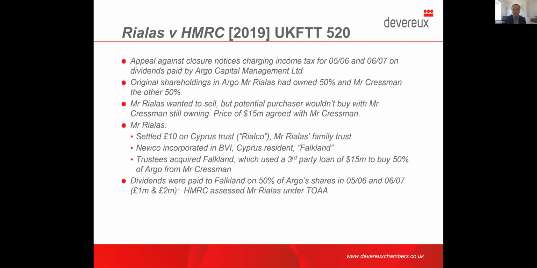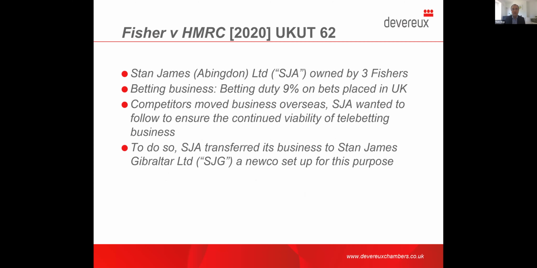Moving on to the third case of Fisher and HMRC, again, a very brief outline of the facts is on the screen. As Rebecca's already mentioned, the Fishers ran Stan James Abingdon Limited, which was the UK company operating the well-known betting company Stan James. The facts go back quite some time, back to the 1990s.